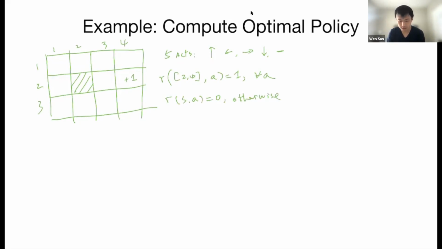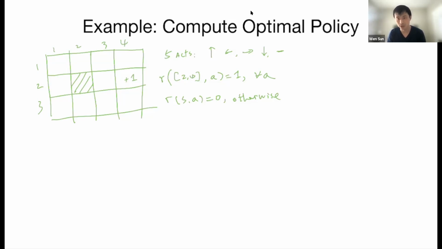So if you're at this cell indexed by 2 and 4, then no matter what action you take, you're going to get reward 1. Imagine this is a state that has some gold. If you enter that cell, you get the gold, 1. And no matter what action you take, in the rest of the cells the reward is 0.